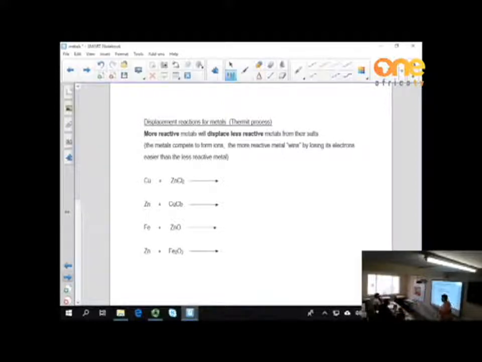If we look at galvanizing, I have iron sheets covered with zinc metal. These two fight over electrons. The zinc is more reactive, so it will give off its electrons. But look what happens.